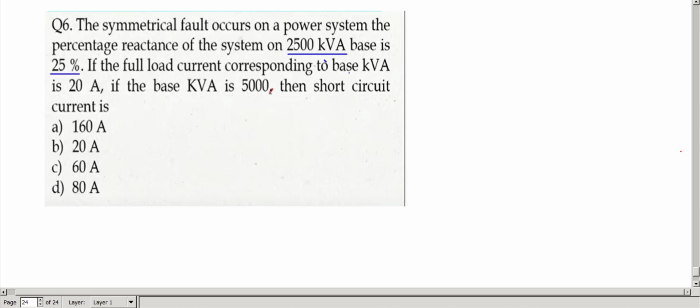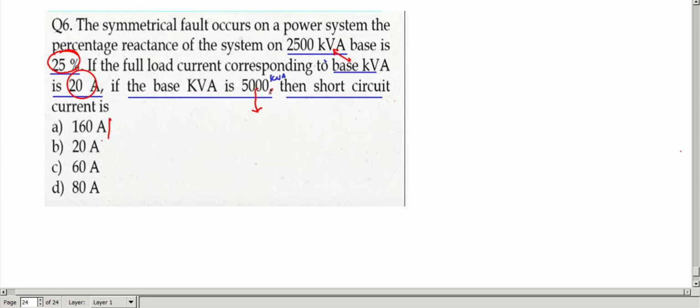If the full load current corresponding to base kVA is 20 amperes, if the base kVA is 5000 kVA, then short circuit current is how much? So corresponding to this base kVA, the full load current is given and the percentage reactance is given. Now he asked corresponding to 5000 kVA, then short circuit current.